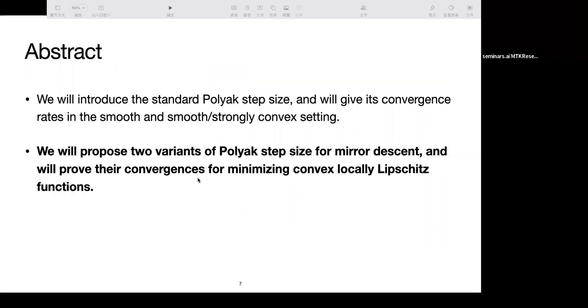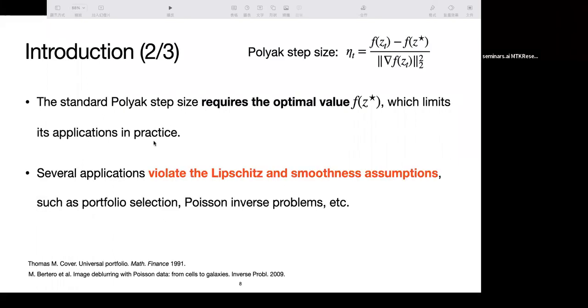But why do we need to propose two variants of Polyak step size for mirror descent in convex locally Lipschitz functions? This is because the standard Polyak step size requires the optimal value, which limits its applications in practice.